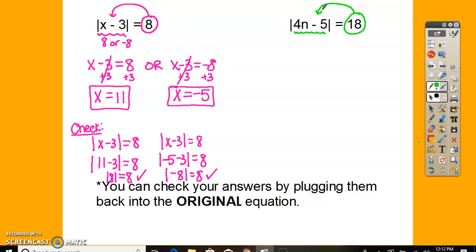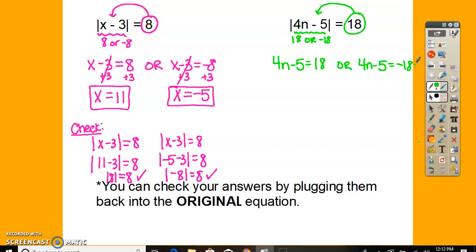So this inside of here could be an 18, or it could also have been a negative 18. Both of those values have a distance of 18 from 0. So I'm going to take that information and set up two equations. My first equation is 4n minus 5 equals 18, because that was one of my options, or 4n minus 5 equals negative 18.